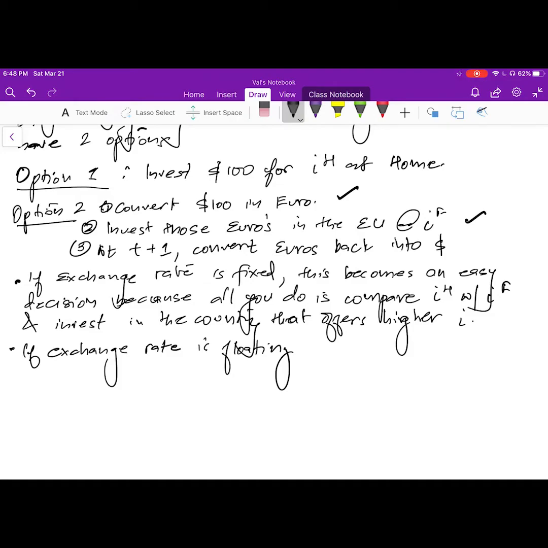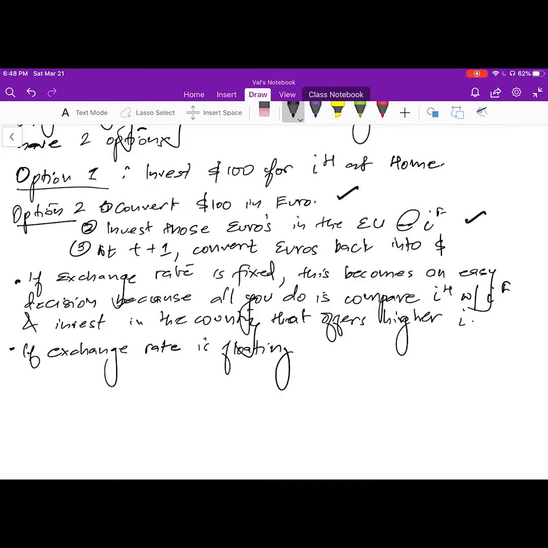Well, two things could happen. As you're waiting for your money to earn interest, if the foreign exchange rate appreciates relative to home, in other words, if euros become more expensive relative to dollars, you get more home currency when you convert it back into dollars. So you'll not only earn interest, but you'll also make some money off of the exchange rate, right?